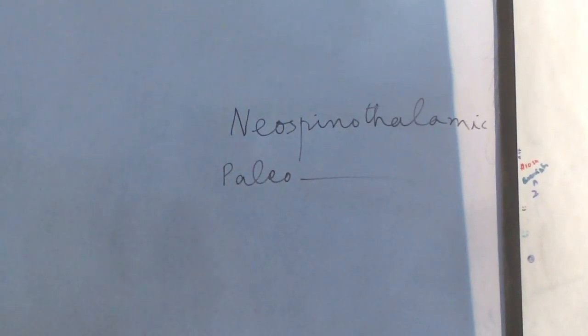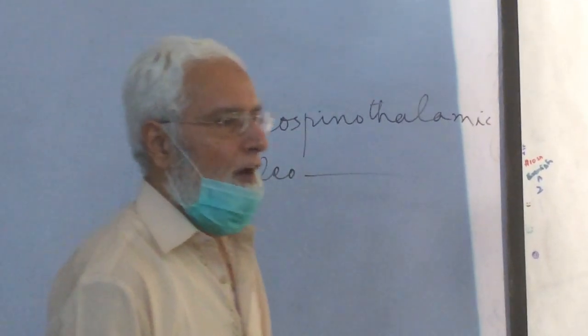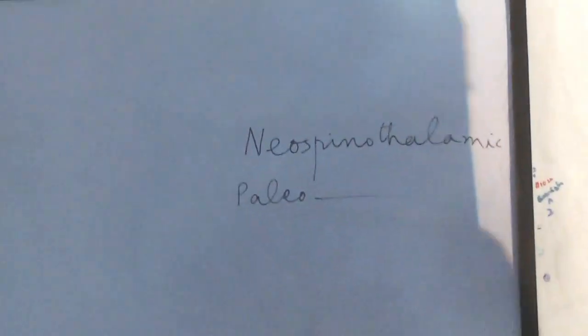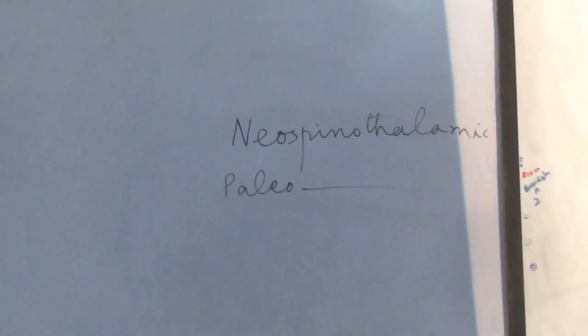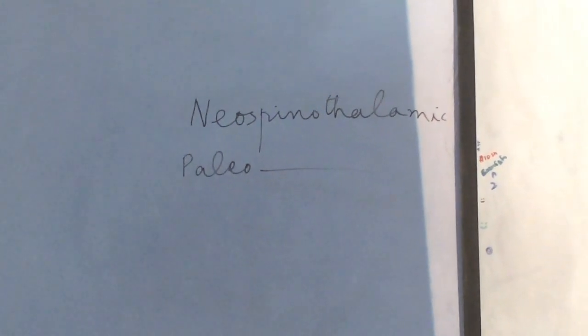So the pathway of fast pain impulses is called the neospinothalamic tract, and the neurotransmitter is glutamate.